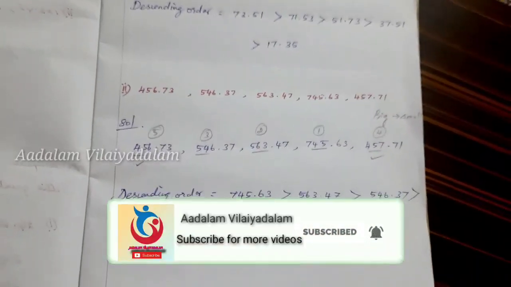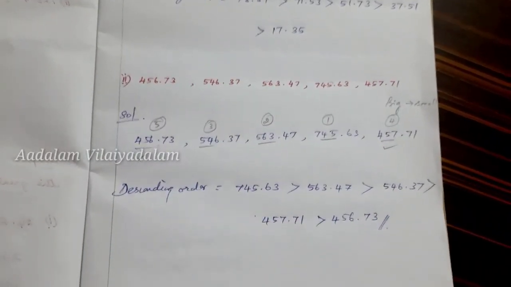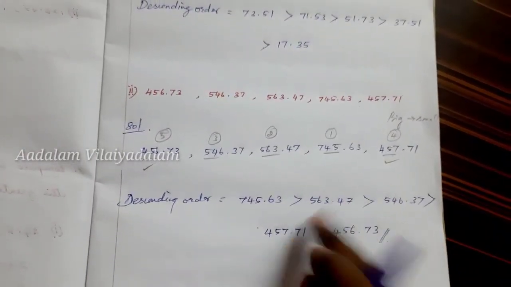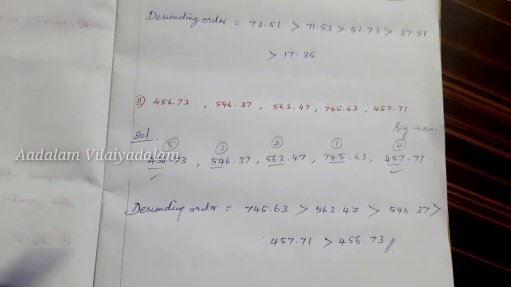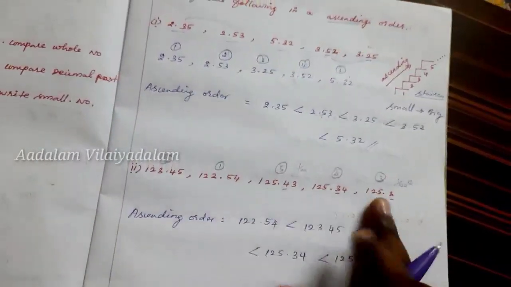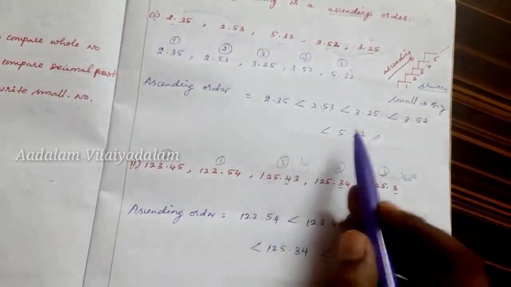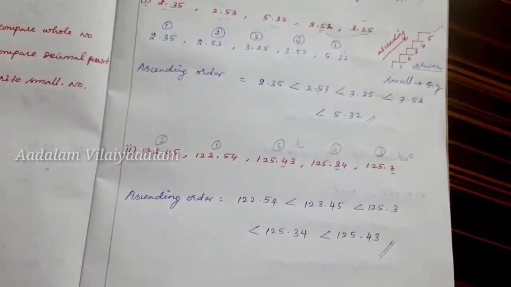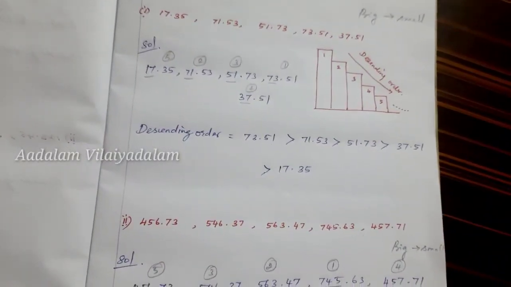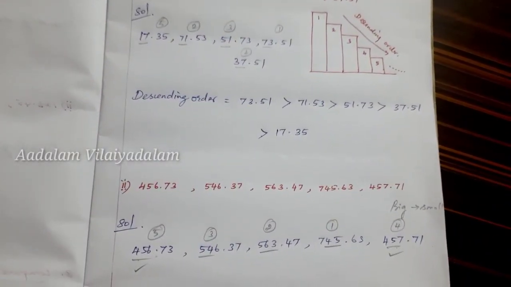So this is the final answer for this second subdivision. We need to write with the greater than symbol. The same way, for the ascending order, we need to write it with the less than symbol. I hope you will understand. Dear students, learn it clearly. Thank you.